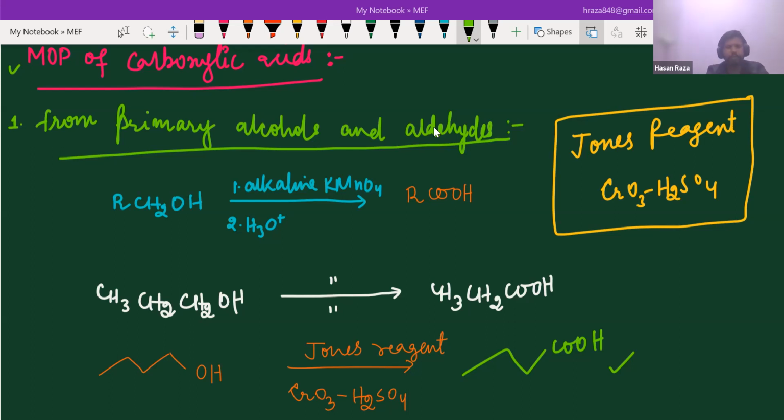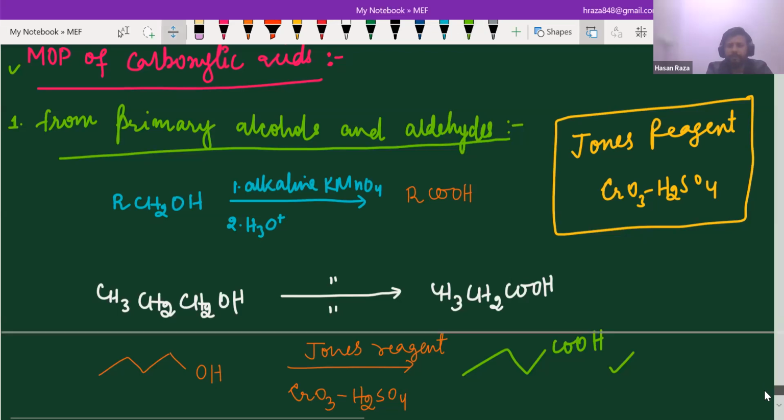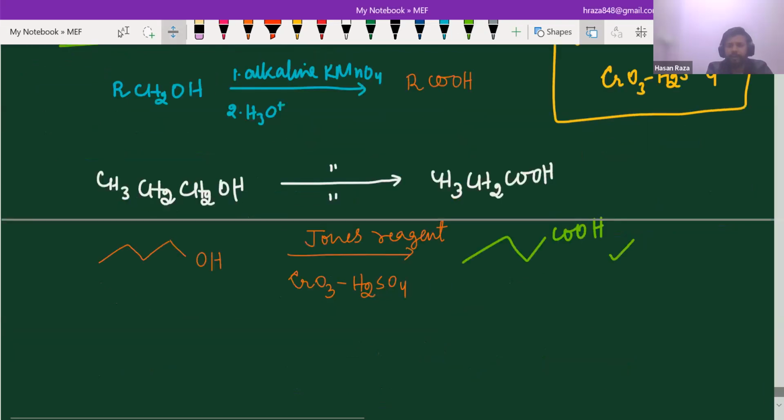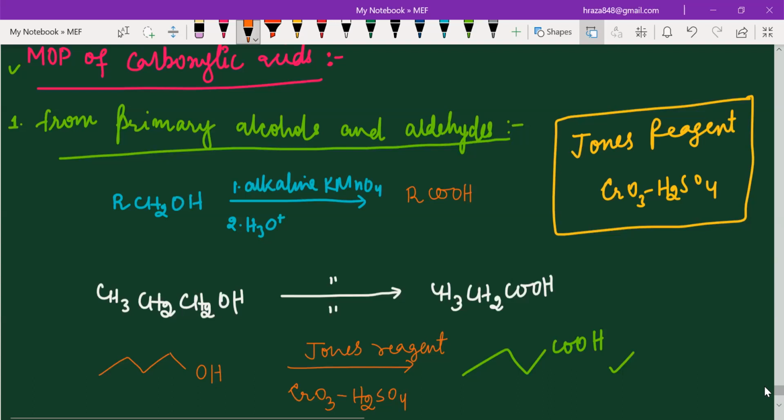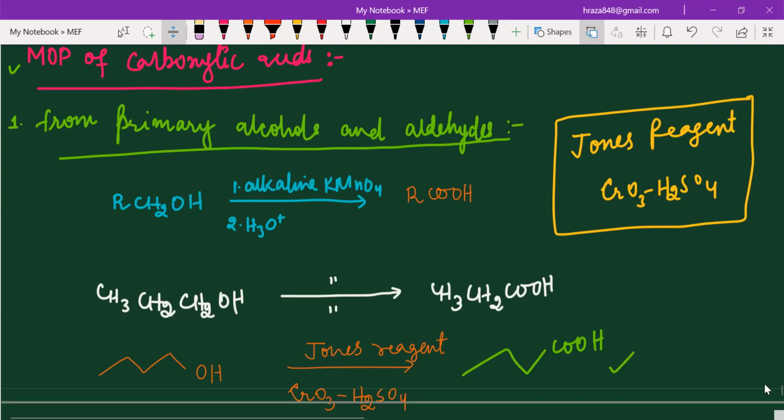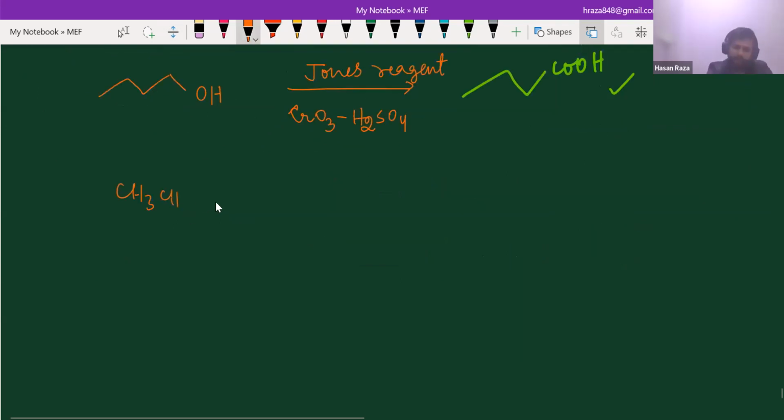Please do let me know when you are done with this. Everyone done with this? Okay. Now see, if you have an aldehyde, either you can use mild oxidizing agent or the same alkaline KMnO4.